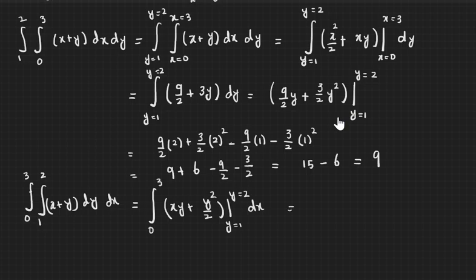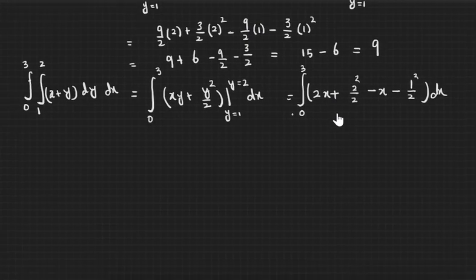Okay, applying the limits of integration, that should be the values of y, so that would be 2x, because that is x times y, y equals 2, plus 2 square over 2, minus x times 1, so that is x, minus 1 square over 2. These are the limits of x, so that should be 0 to 3 with respect to x.